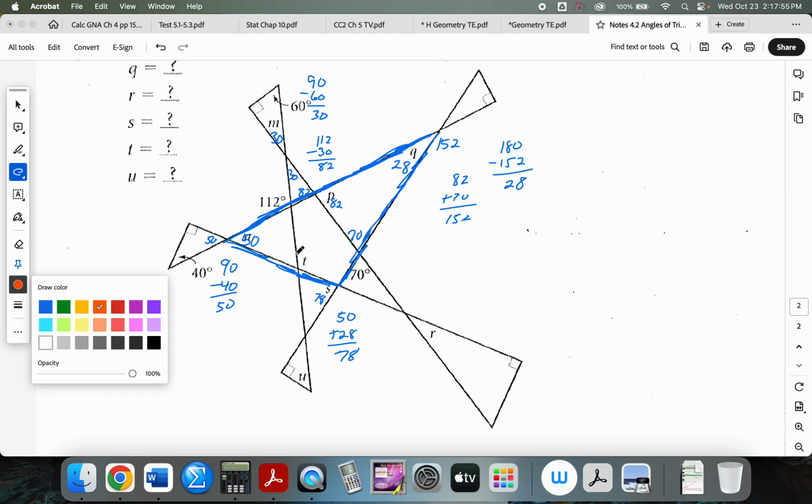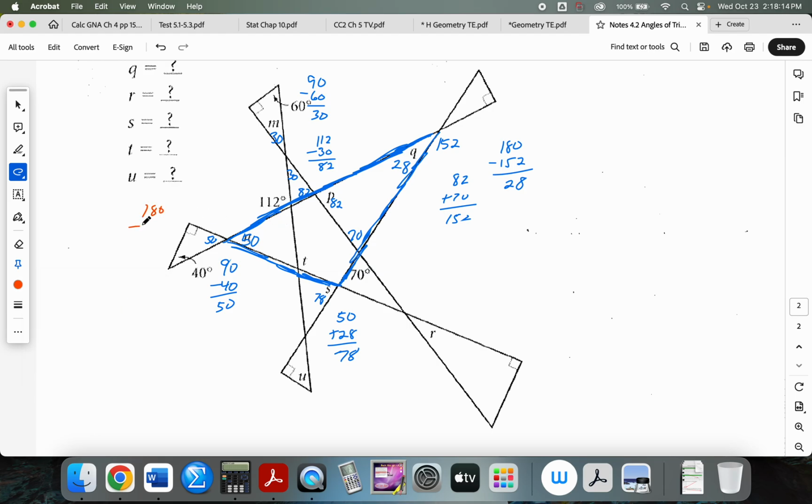For angle T, well, let's see. I could look at this big triangle, but I've only got one angle in that one, so that's not particularly helpful. But this triangle that's right here next to the T, if that's 112, the linear pair with that, 180 minus 112, is 68 degrees.